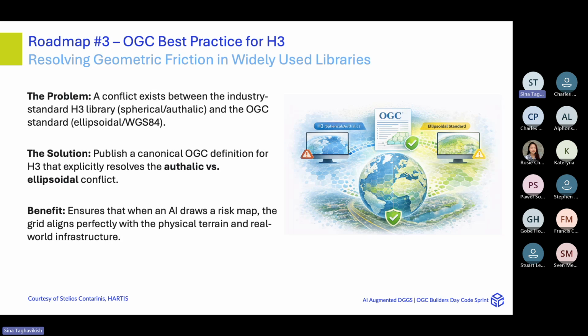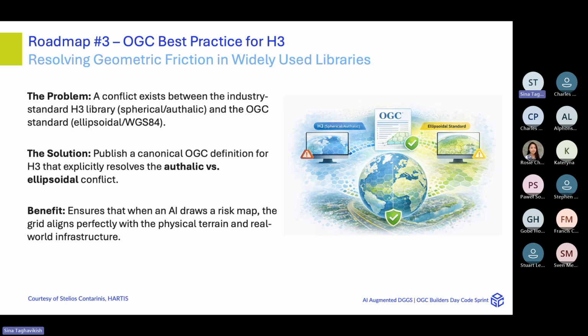Another one is the OGC best practice for H3. H3 is the most dominant format library for DGGS. It's used by Uber, and because of the tooling that exists, everybody uses it. But H3 has a conflict between the industry standard H3 library, which is spherical, and the OGC standard, which is based on the ellipsoid and WGS84.